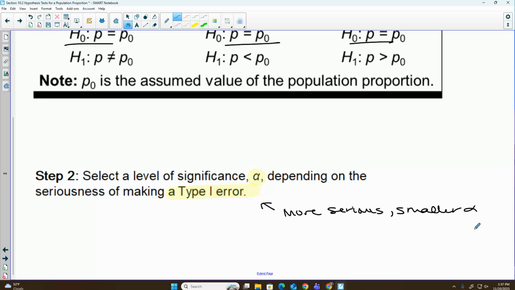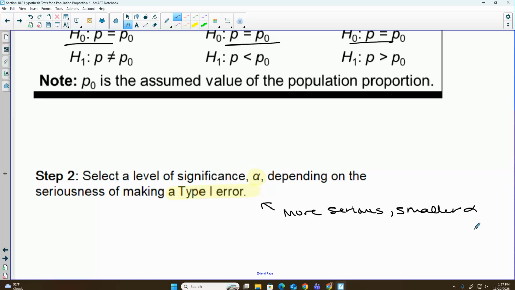If I am doing a survey to see if people would like having a food vendor for lunch every Monday, is that a very serious situation? Is anybody going to die if I make the wrong call on that? No. So I would probably have a fairly high alpha value, maybe even up to 10%, 0.1, because it's not really serious. There's a lot of room for error there.